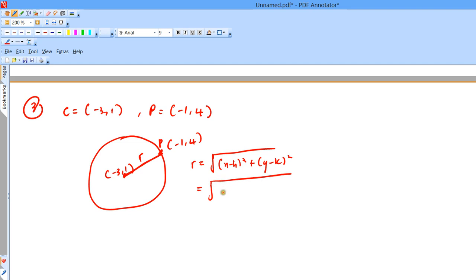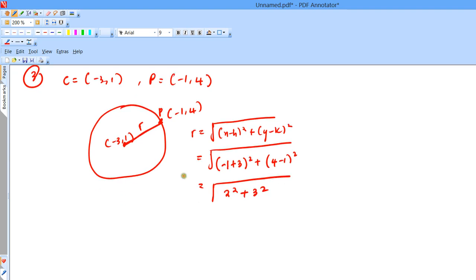So x minus h is -1 plus 3, squared, plus y, 4 minus 1, squared, equal to the square root of 2 squared plus 3 squared, equal to the square root of 4 plus 9, equal to the square root of 13. So we have r equal to the square root of 13.